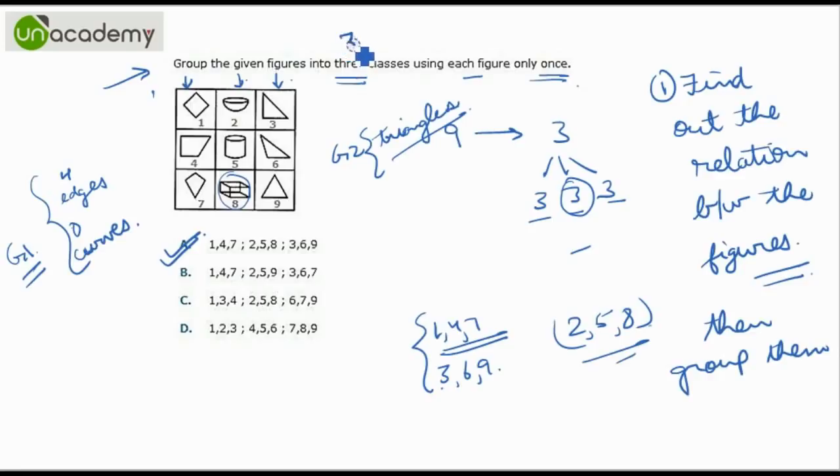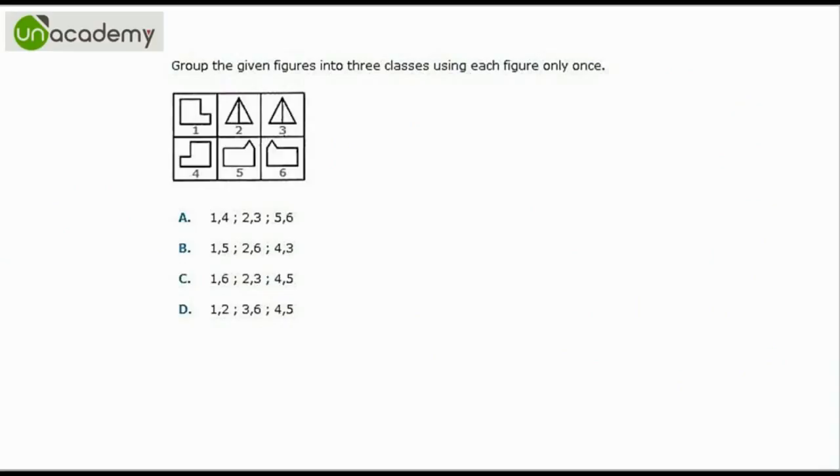We had to make 3 groups of 3 each, where each figure can be used only once. So that makes a lot of sense in this problem. If it is said that each figure can be used any number of times, then we have to make 3 most appropriate groups. Let us see one more example.